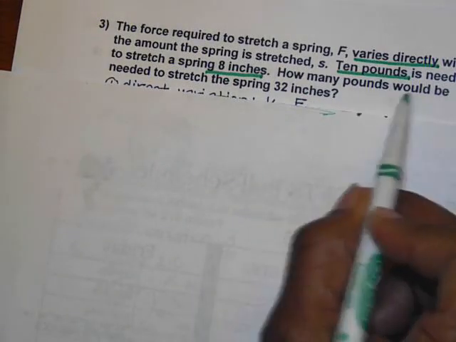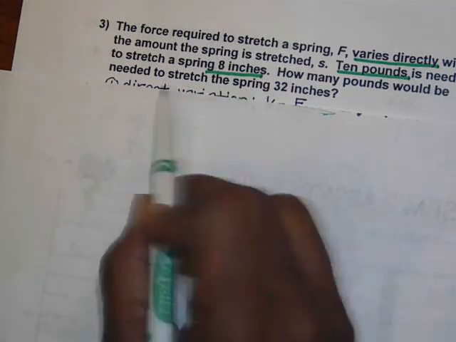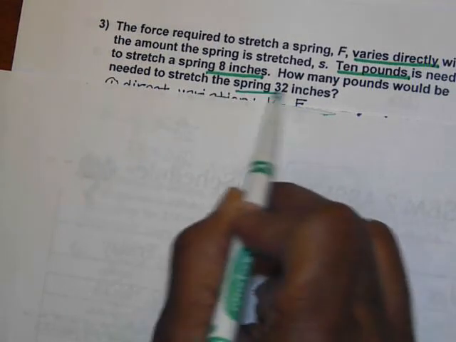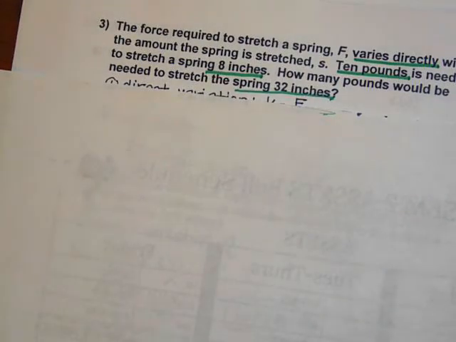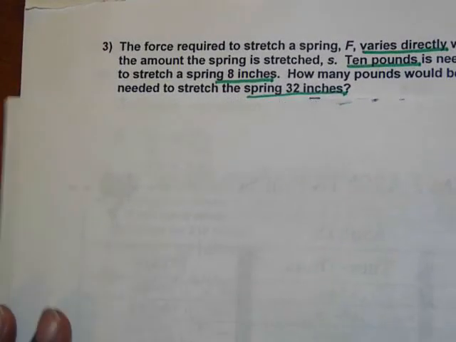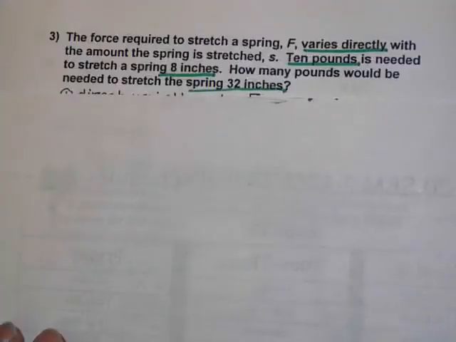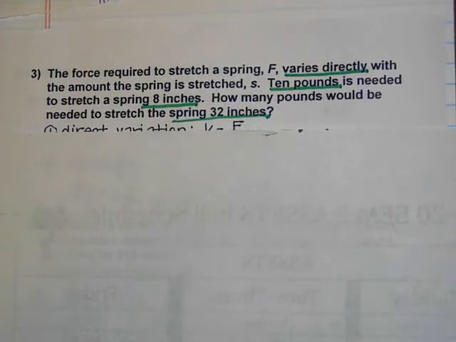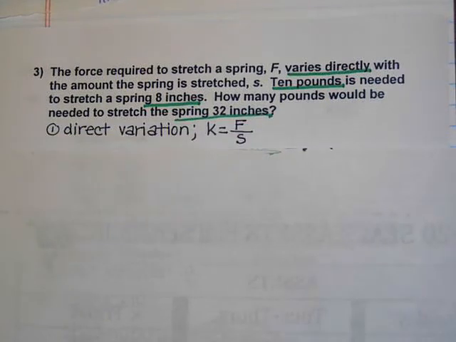How many pounds would be needed to stretch the spring 32 inches? Okay, so in this particular situation, are the numbers going up or down? It's going up, right? They're both going to end up going up. First, you need to recognize whether it's direct or inverse variation. Okay, so it's direct.